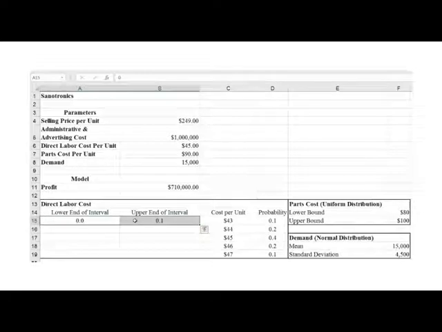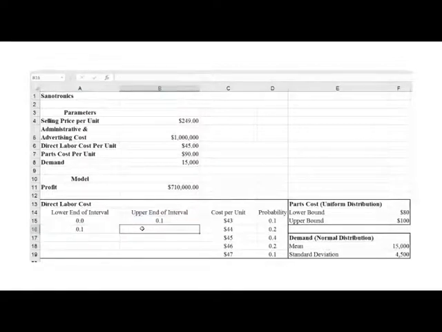So the width of this interval is 0.1, which corresponds to the probability of $43 occurring. The second segment begins where the first segment leaves off at 10%, or 0.1, and extends to 0.3. So the segment corresponding to $44 extends from 0.1 to 0.3, which has a width of 0.2, the same as the probability of $44 occurring.